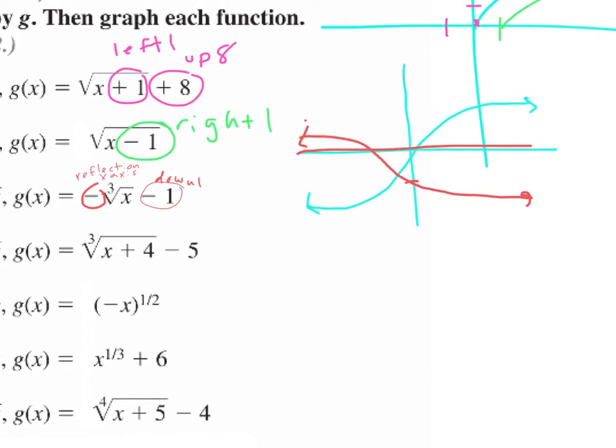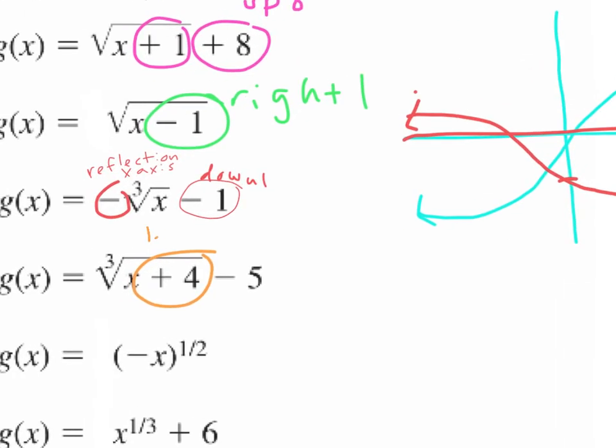I'm going to do the next one since it's cubed on the same graph. Just pick a new color. So what does the plus 4 on the inside tell us? To the left 4. Left 4. A minus 5 on the outside?